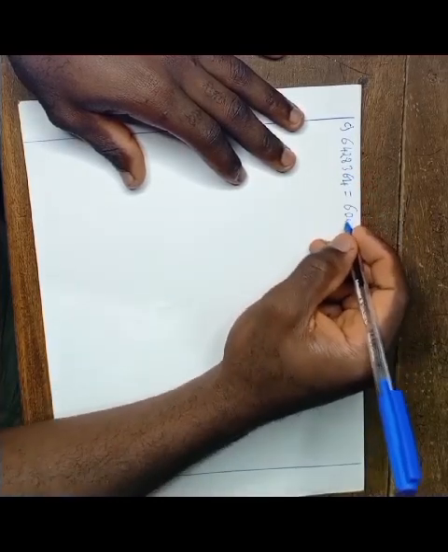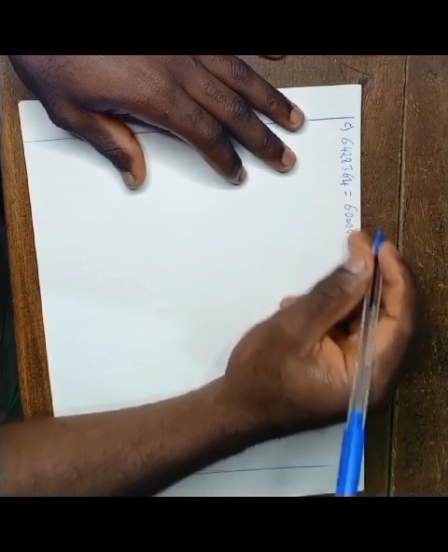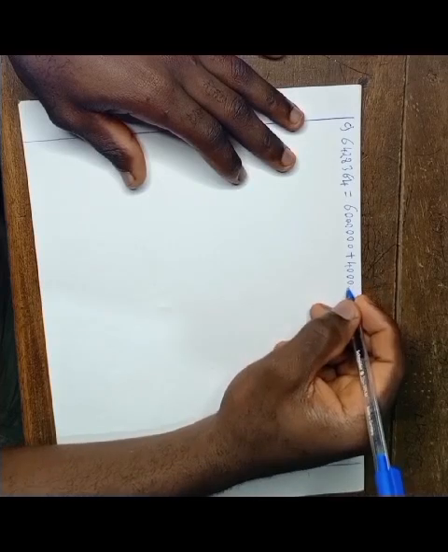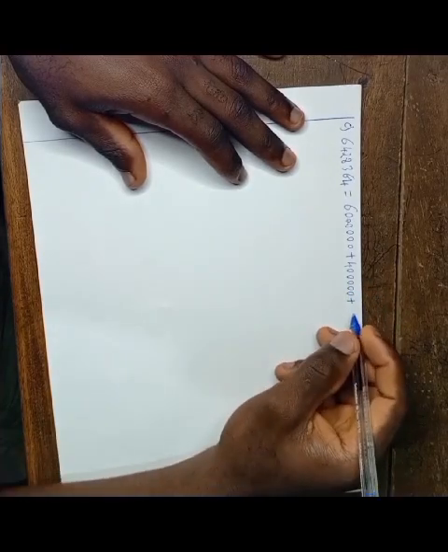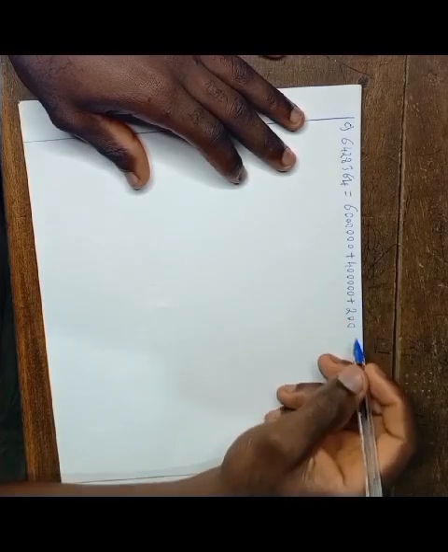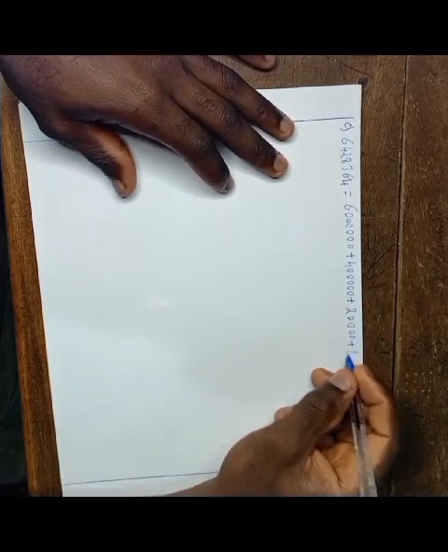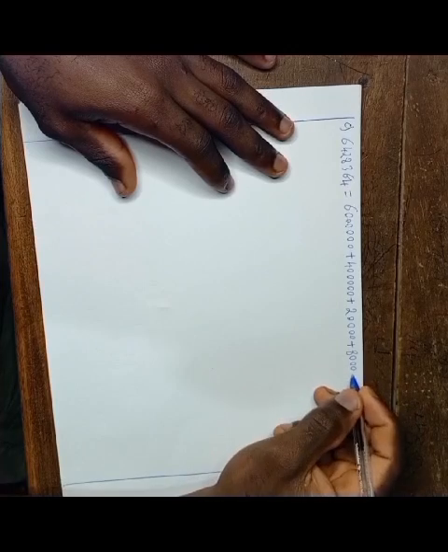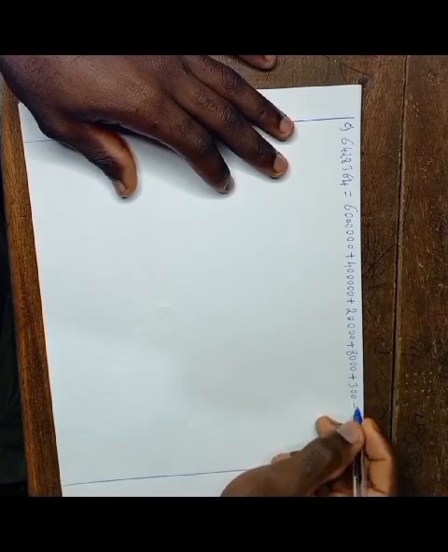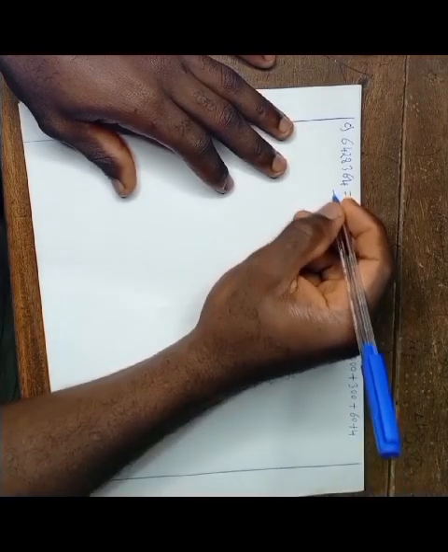So we need to write in expanded form 6,000,000 plus 400,000 plus 20,000 plus 8,000 plus 300 plus 60 plus 4.